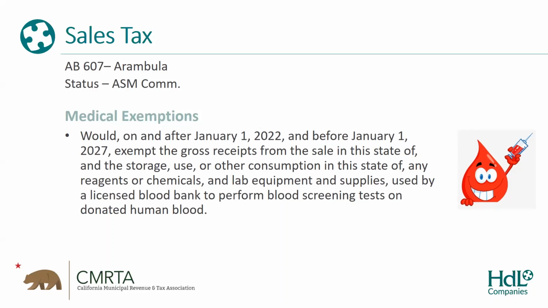Makes sense. Totally understand why that is there. It's health related. I don't know who's selling blood on the black market. If that's a thing, I mean, it could be for all I know, but this bill makes sense.